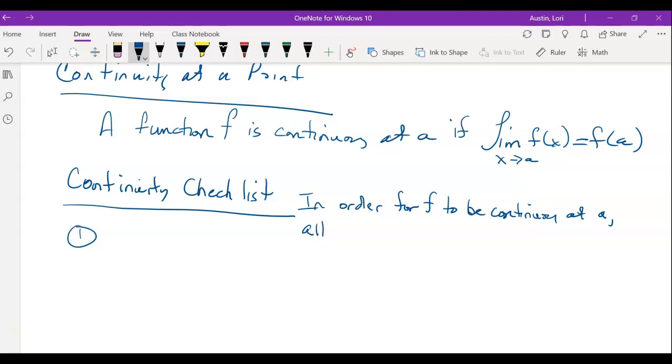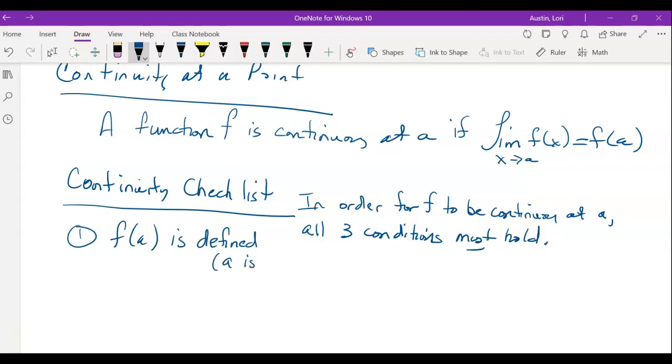Not one, not a majority, all 3. Here's the first one. Well, f of a must be defined. Meaning a is in the domain of f.